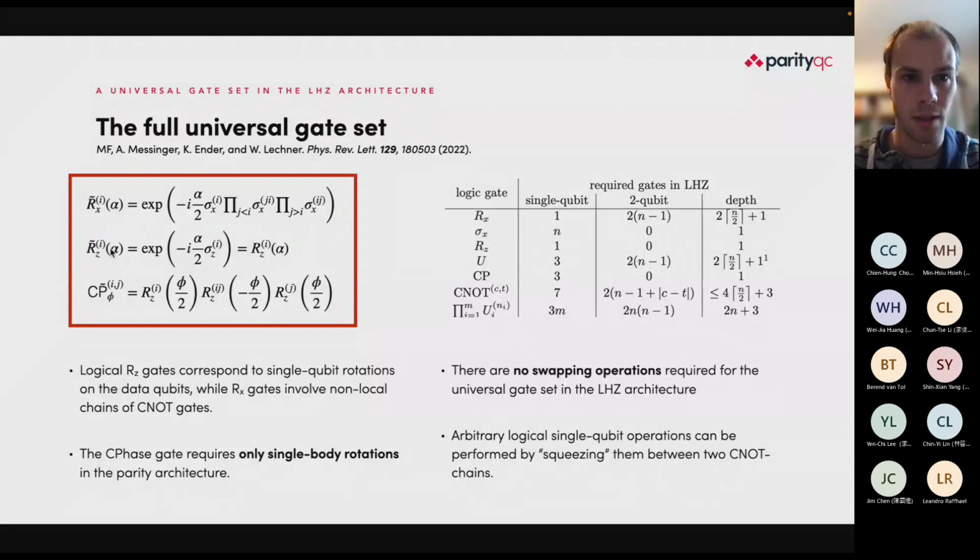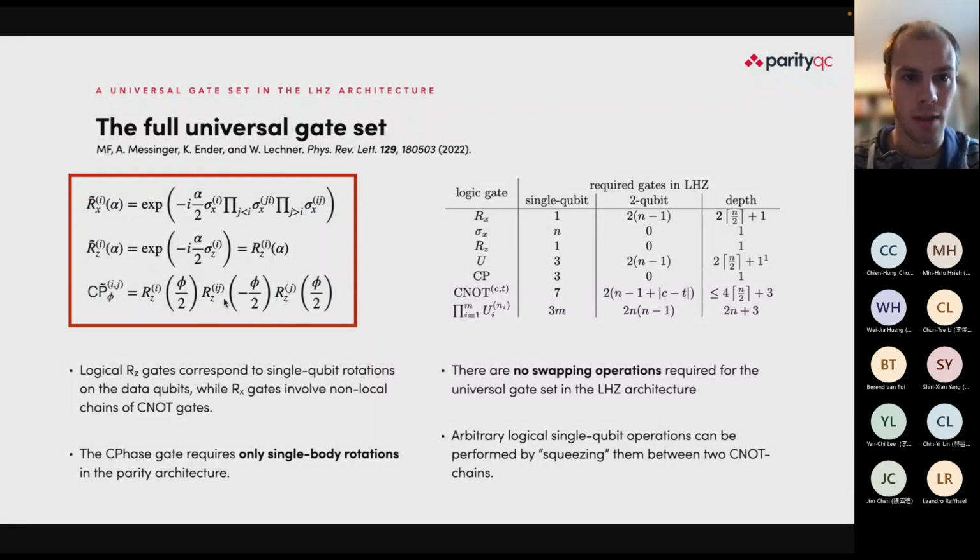Then a logical RC rotation is basically the same as a physical C rotation on the respective data qubit. And the C phase gate is now decomposed into 3 gates, namely a rotation on data qubit I, data qubit J, and on the parity qubit encoding the parity between qubits I and J.